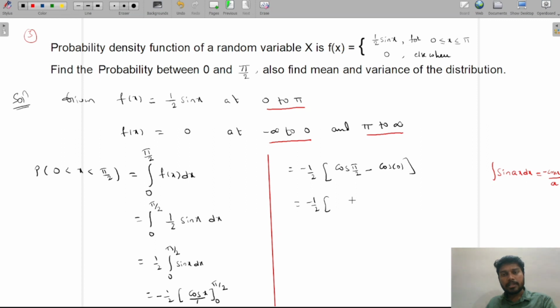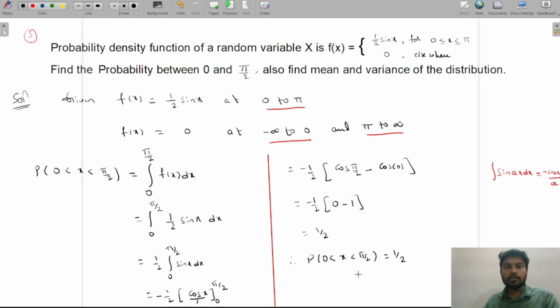What is the value of cos 90? It is 0, and cos 0 is 1. Taking the minus 1 by 2 inside, your answer becomes 1 by 2. This is the probability when x values are between 0 and pi by 2. When x values are between 0 and pi by 2, the result is 1 by 2.